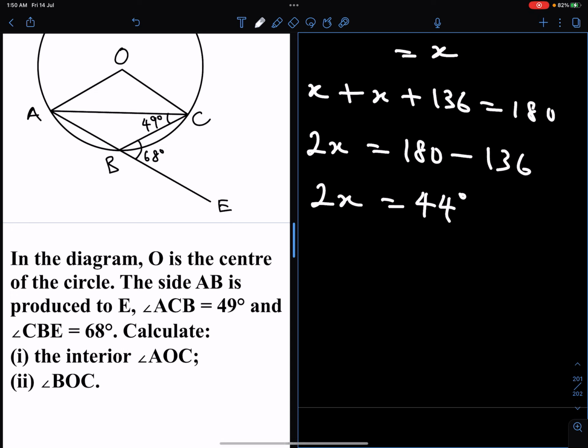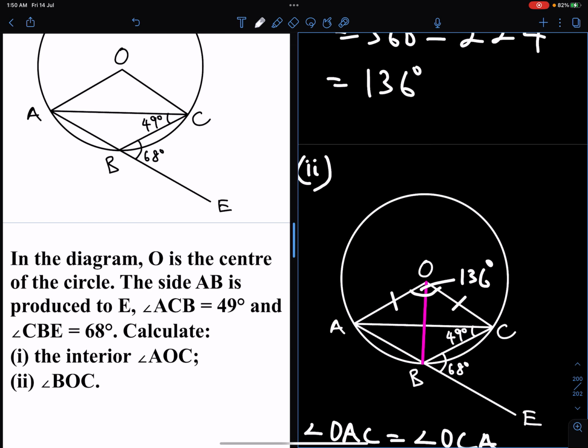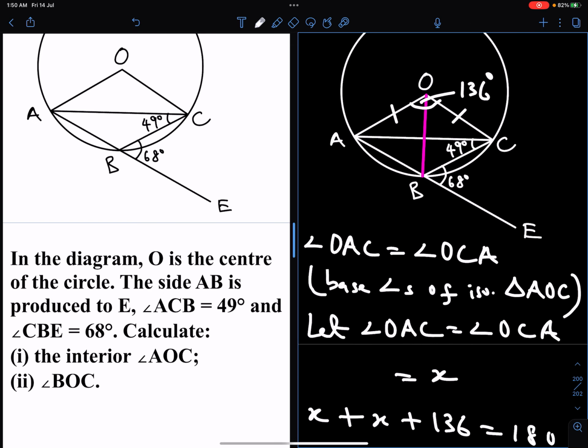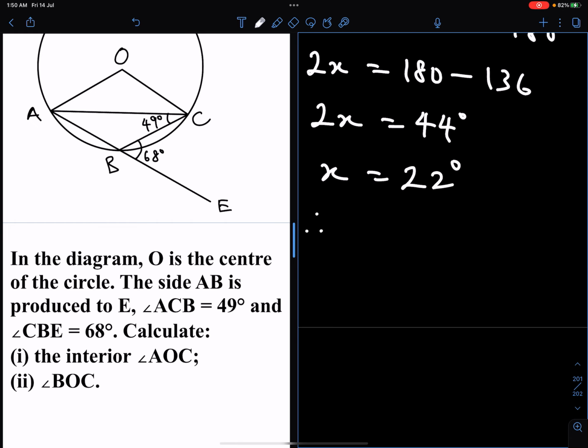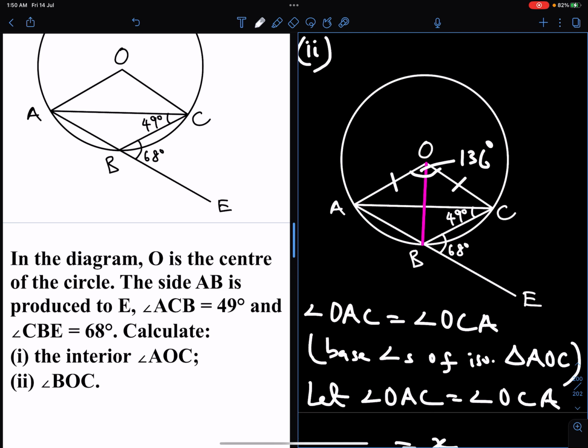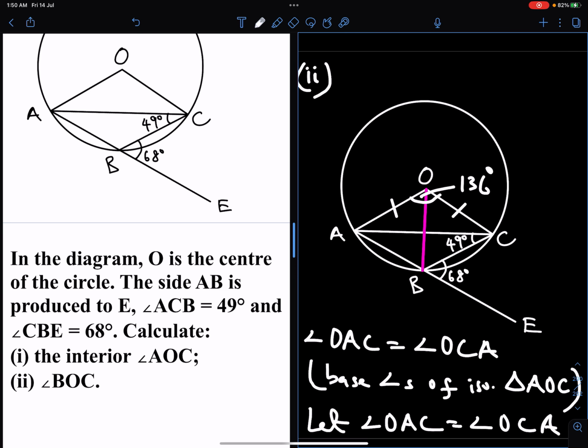I hope that's correct. Yeah, 130 plus 40 is 170, plus 4, 174, plus 6, 180. Yeah, that's correct. So x equals 44 over 2, which is 22 degrees. Therefore angle OAC, which is equal to angle OCA, is equal to 22 degrees. Angle OCA is 22 degrees.